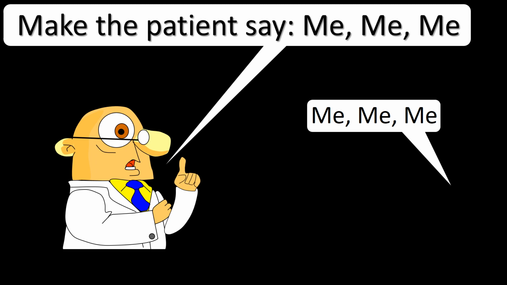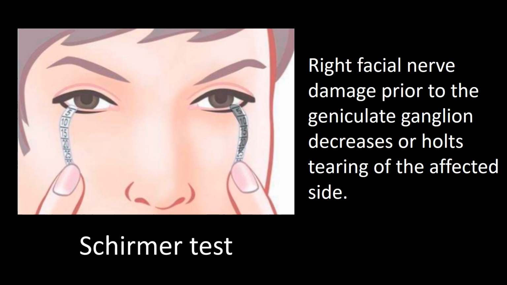This last symptom is also present in upper motor neuron lesions, since lip muscles are affected in both. In this frame, you can see decreased tearing of the right eye. Right facial nerve damage prior to the geniculate ganglion decreases or halts tearing of the affected side.